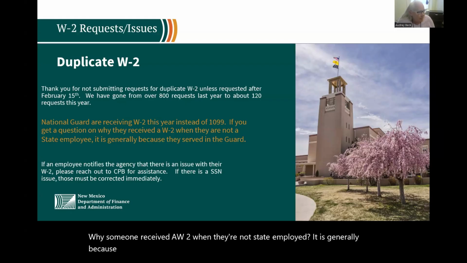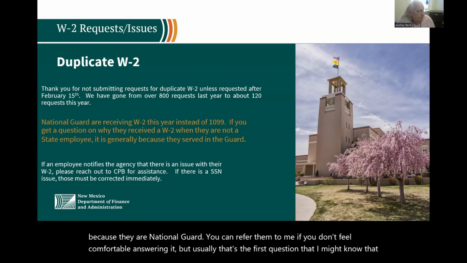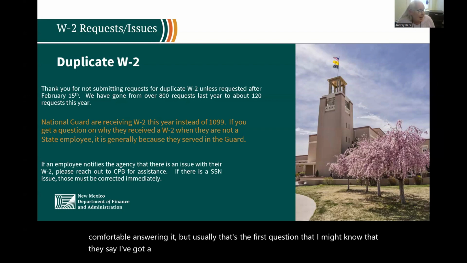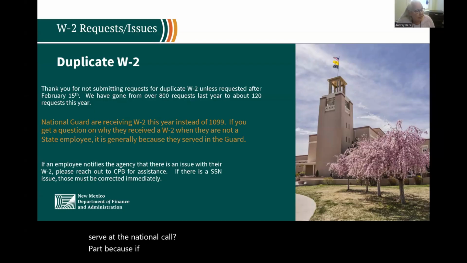You can refer them to me if you don't feel comfortable answering it, but usually that's the first question out of my mouth when they say, I got a W-2 from the state and I don't work for the state. I ask them, did you serve in the National Guard? Because if they say yes, that's generally the response right there.